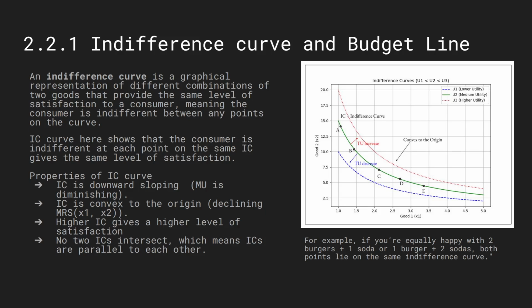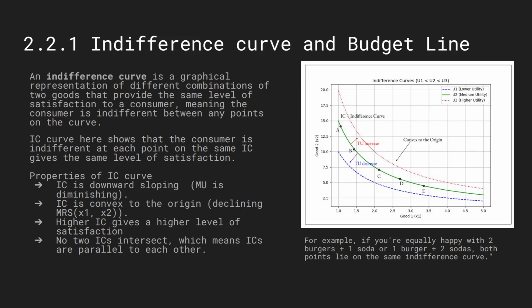Now here we can see at the right side of the screen that there are 3 IC curves. What is the significance of 3 IC curves here? The significance is that the x-axis is for a good, any good, and the y-axis is for another good. So let's say me and my friend are having burgers and sodas.